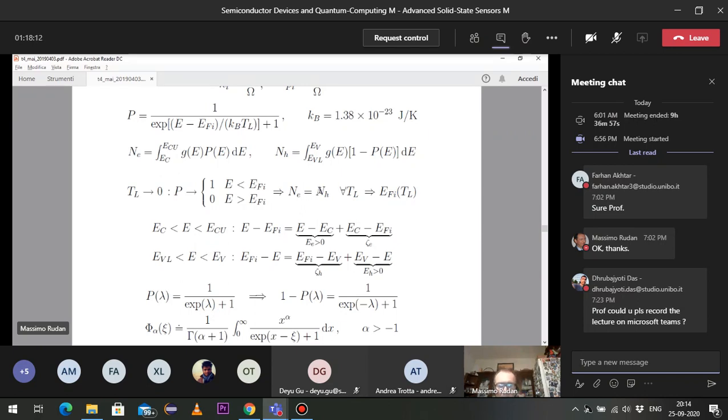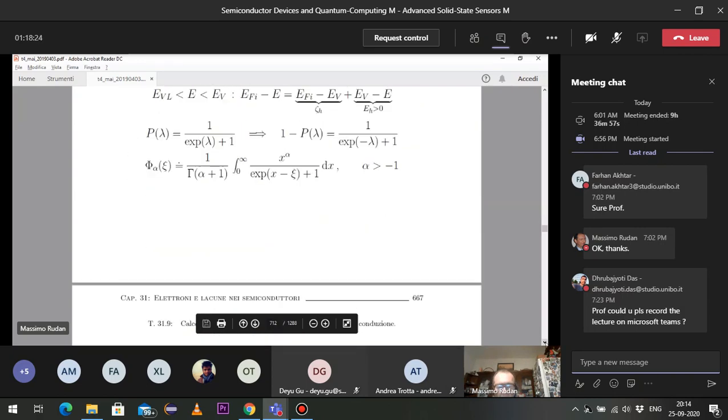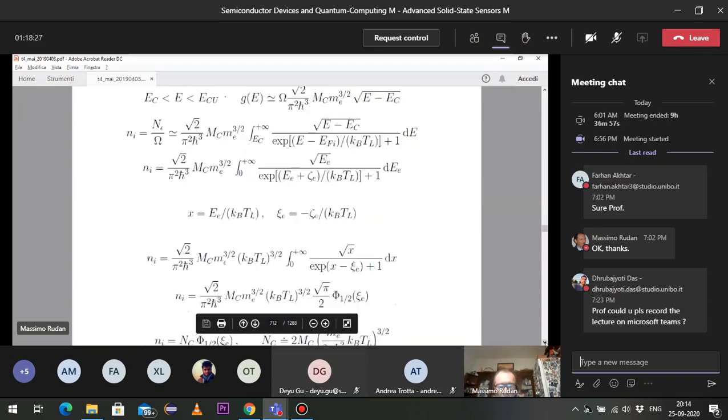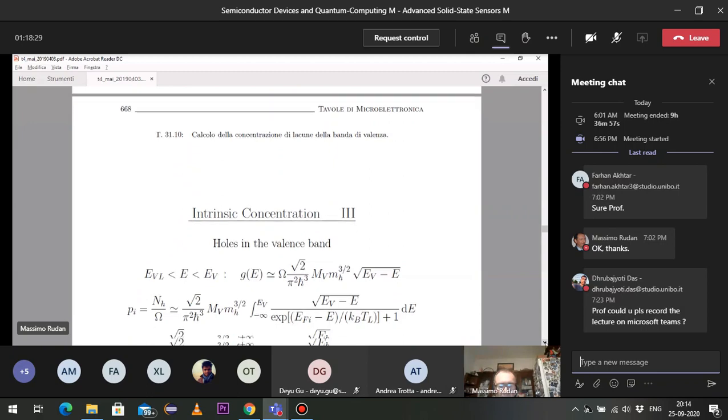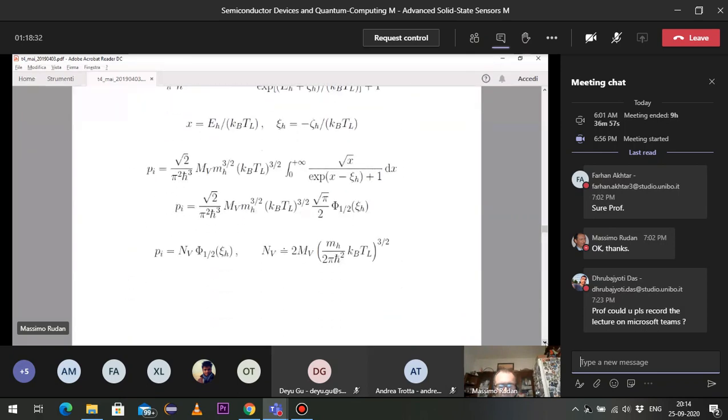So since the material is uniform, when we divide by the volume of the crystal, we obtain that the concentration of the electrons in the conduction band must be equal to the concentration of holes in the valence band, okay?